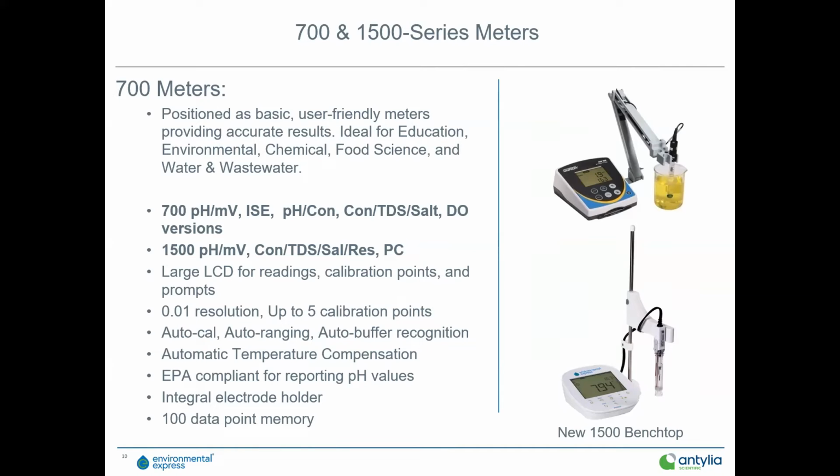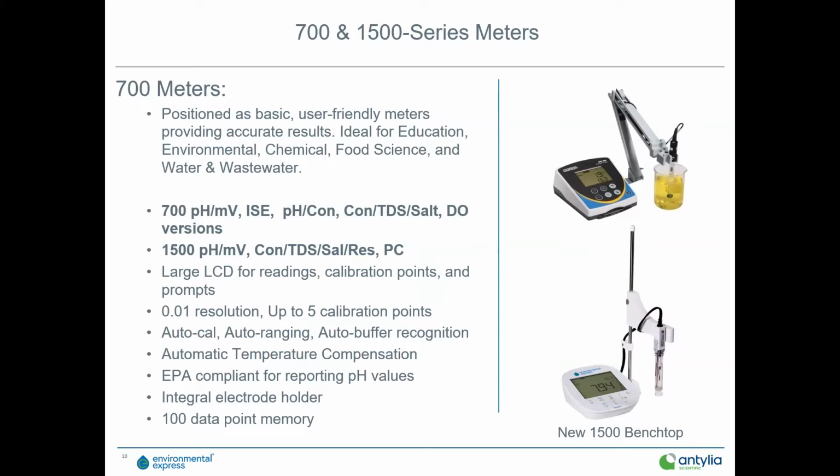The top right is our old Oakton 700. It's a real workhorse. It's been out in the marketplace for nearly 10 years now. Great instruments, very durable, easy to use, very robust. 0.01 resolution, up to 5 calibration points with these guys, EPA compliant for reporting pH values.